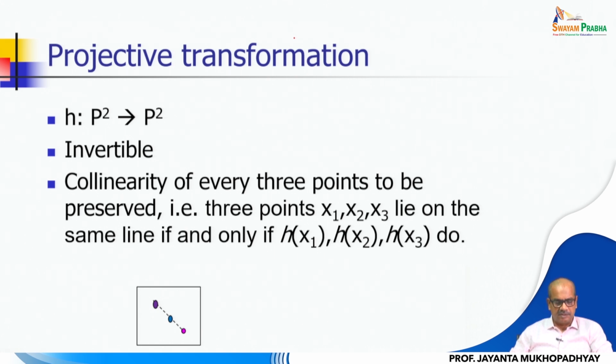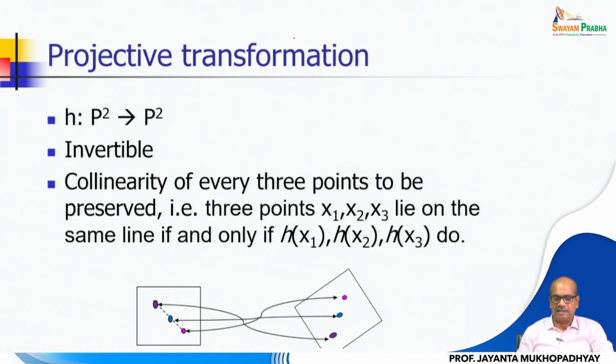Consider a set of three points, and incidentally they are collinear, and I have shown them with different colors. When you consider a projective transformation, it's a transformation into another projective space, and with colors I have shown the respective correspondences.